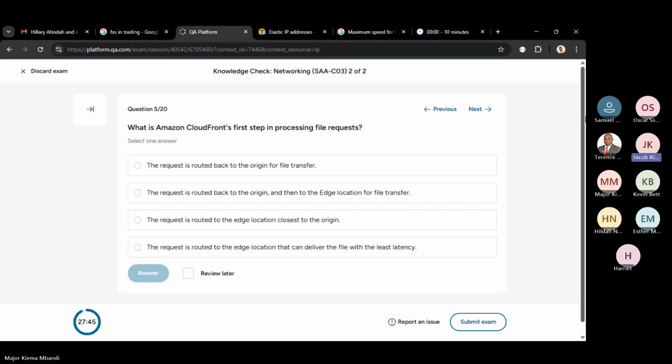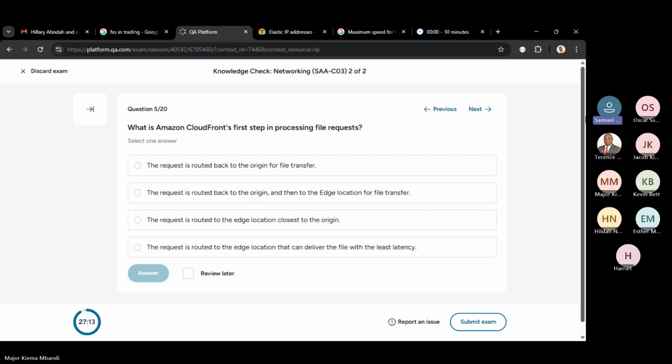Okay. And then the next person is I think Samuel, because I think Oscar has not been able to talk here. Samuel, you can take it on. What is Amazon CloudFront's first step in processing file requests? A. The request is routed back to the origin for file transfer. B. The request is routed back to the origin and then to the edge location for the file transfer.